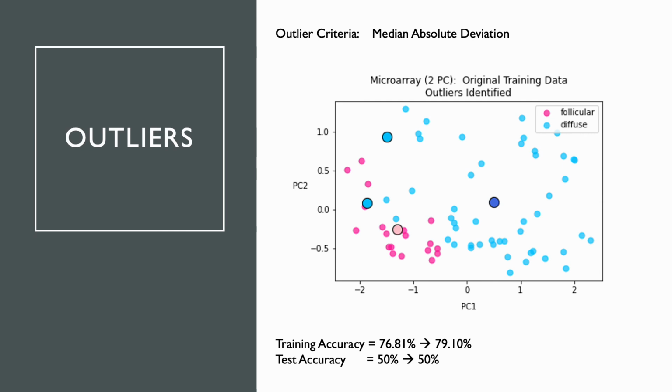Removing these outliers and reapplying K-means to the dataset, we see a slight improvement from 76.81% to 79.1%. However, the test accuracy remained the same, because removing 2 outliers was not sufficient to move the original K-means centroid. So we were still getting the same results in the test set.